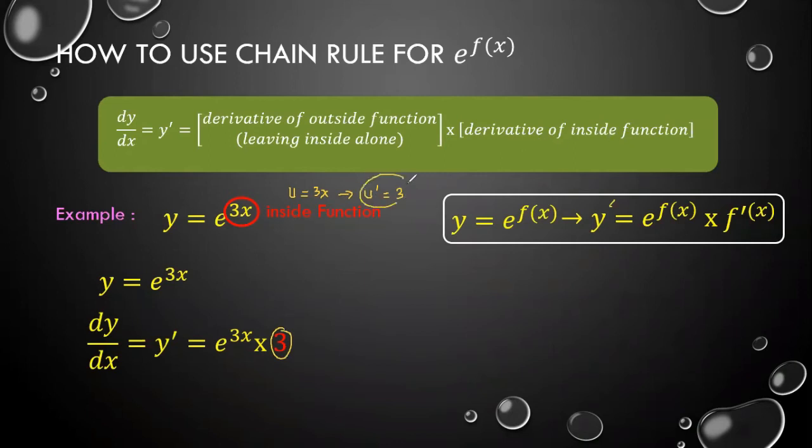So that's why for y equals e to the f(x), y prime is e to the f(x) times f prime of x. Next, dy over dx or y prime equals 3e to the 3x. That's the derivative of y equals e to the 3x. Is it clear to everyone?